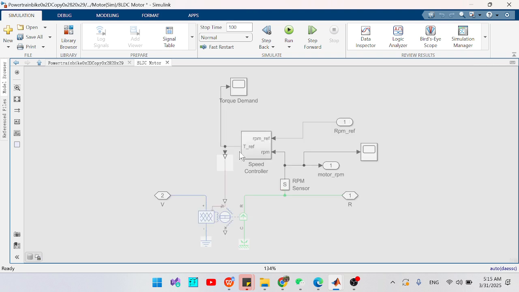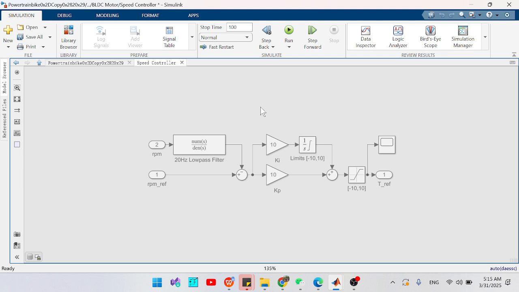Actually, if we go to the motor, this one is the motor and drive, and you have the speed controller, the RPM reference that is coming from the motor control, right? And in the speed control, you can see that we have a couple of Simulink models, which I'm not explaining right now.